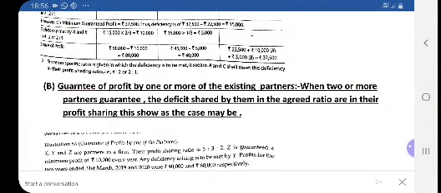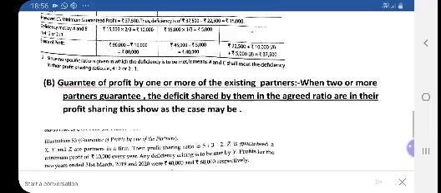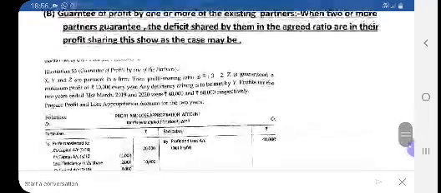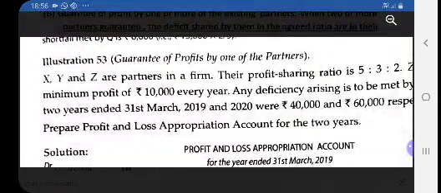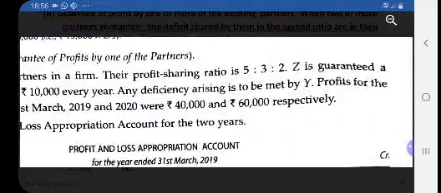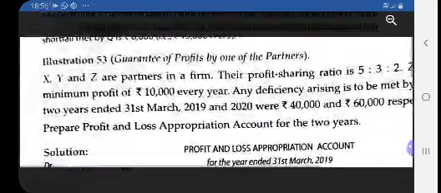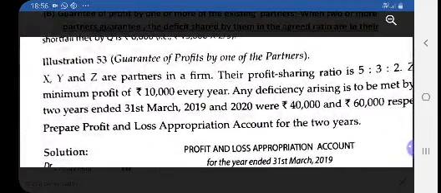When two or more partners guarantee, the deficit is shared by them in their agreed ratio or in their profit sharing ratio, whatever the case may be. Let us see this case also with an example. X, Y and Z are partners in a firm. Their profit sharing ratio is 5:3:2. Z is guaranteed a minimum profit of rupees 10,000 every year.